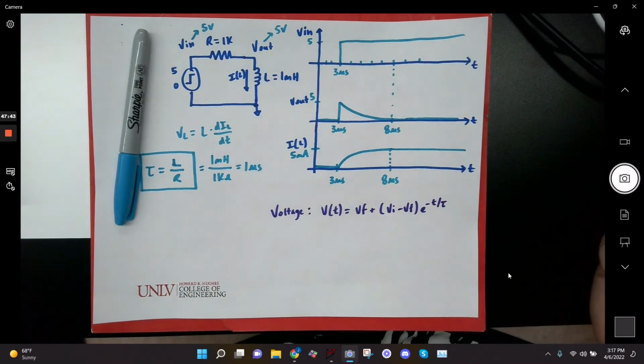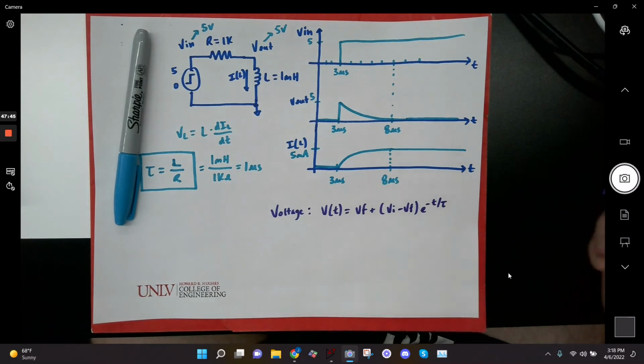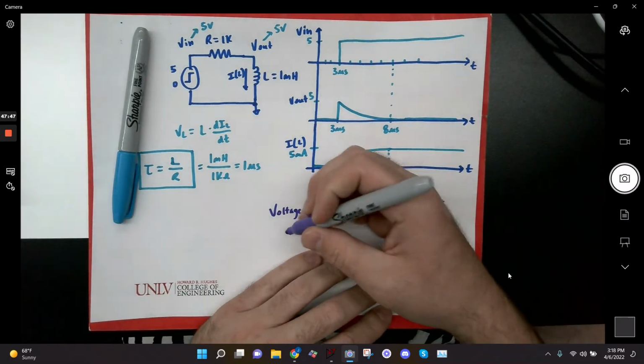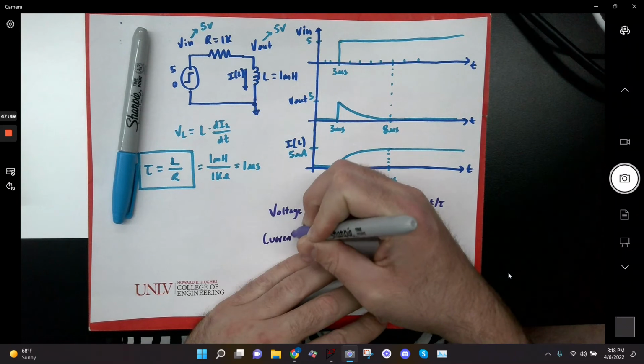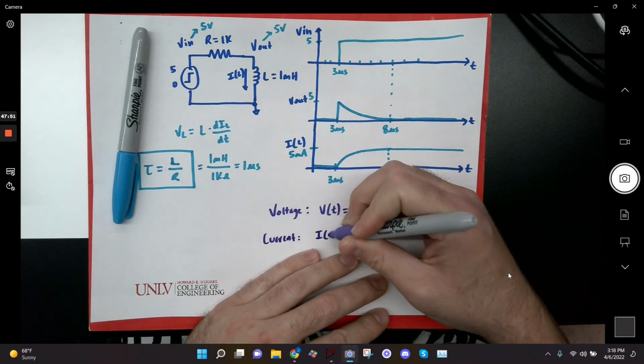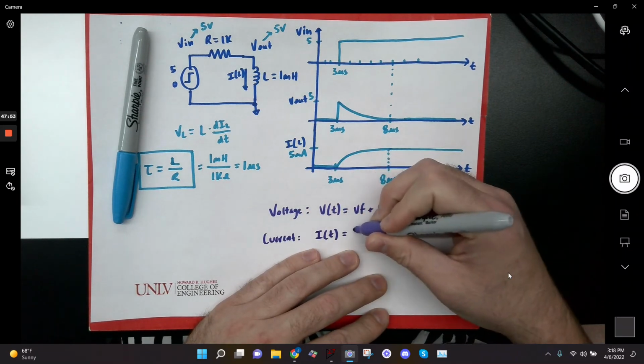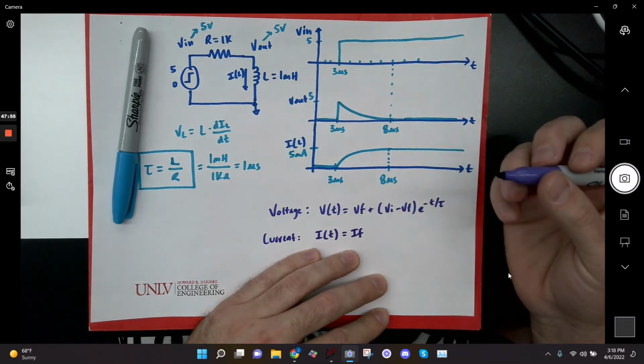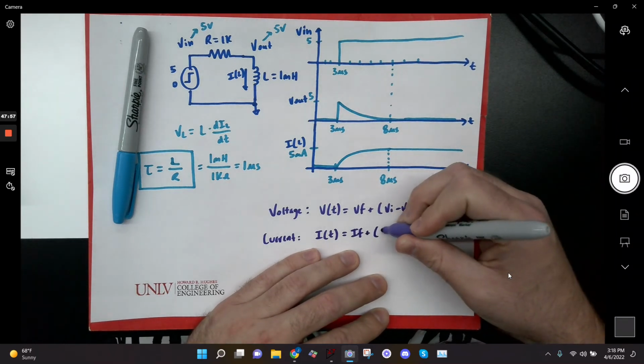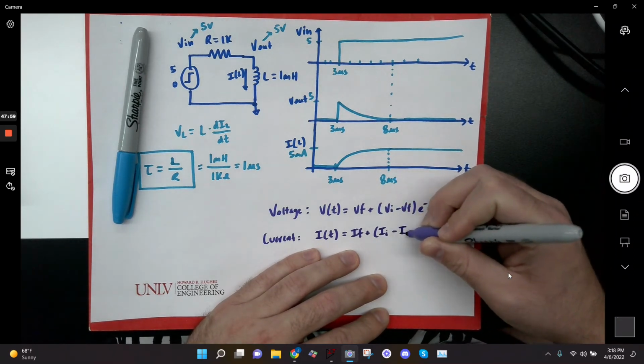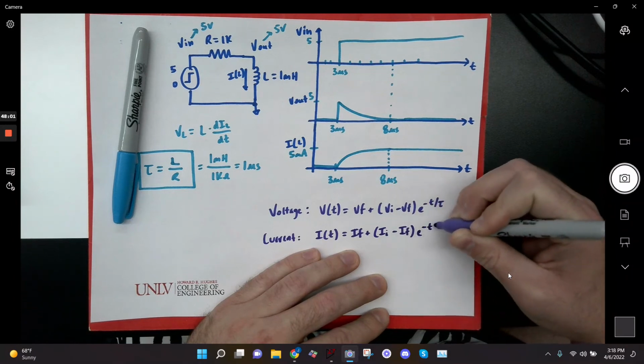This is why we use tau, by the way, because this equation works for either tau. You just have to know which tau you're using. And for current, the current at any given time is equal to the final current plus the initial current minus the final current, times e to the minus t over tau.